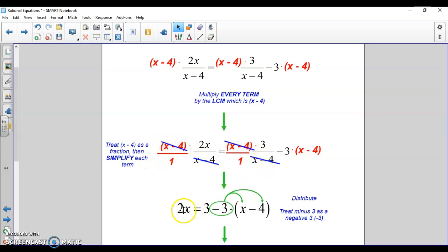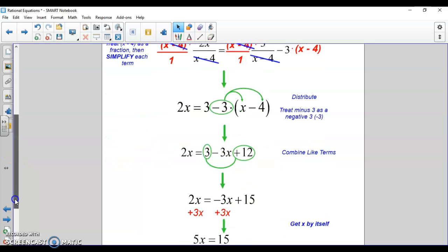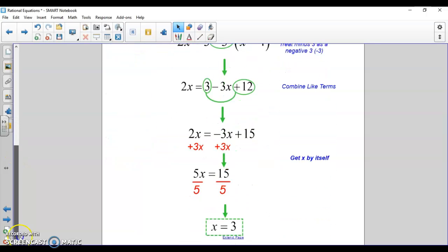So it's just 2x equals 3. But then we have this negative 3 times an x minus 4. So we got to distribute that negative 3. Treat it as a negative 3. So it's negative 3x plus 12. Combine like terms. Work on getting x by itself after that. Add 3x to both sides. Divide by 5. X equals 3 is your answer.